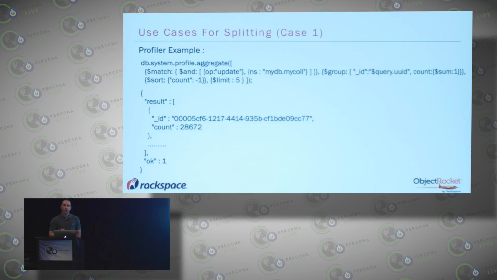In this use case, the shard key is UUID, and that's causing that increased activity to that particular shard. We're going to count them, sort descending, and limit 5 to see who the top 5 offenders are. It's possible you have more than 5, but we're going to focus on the first 5.